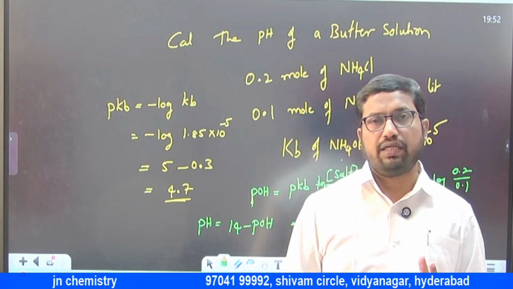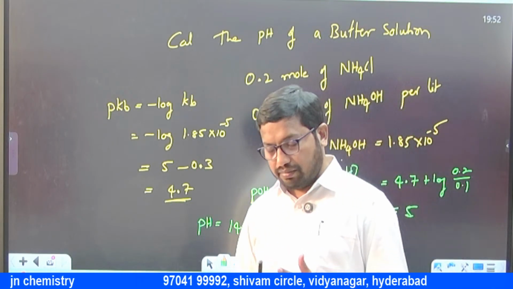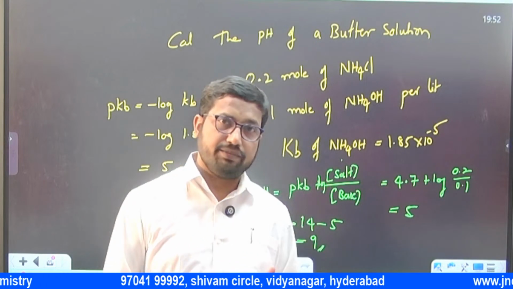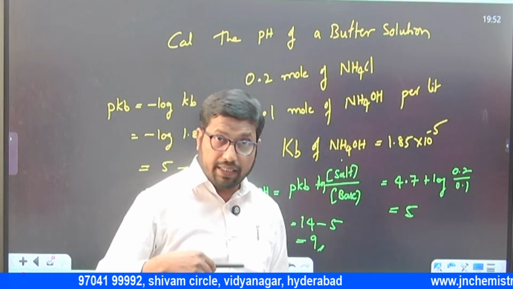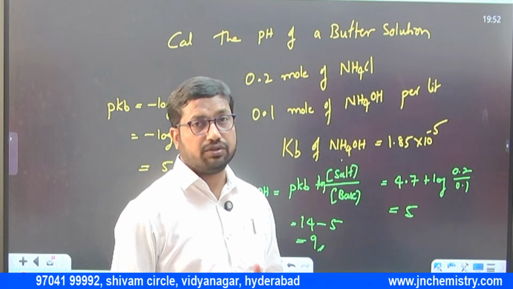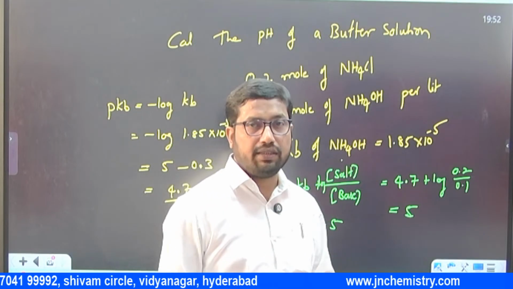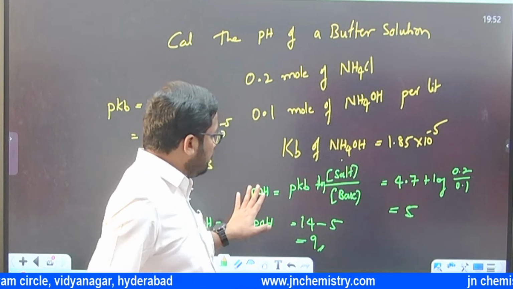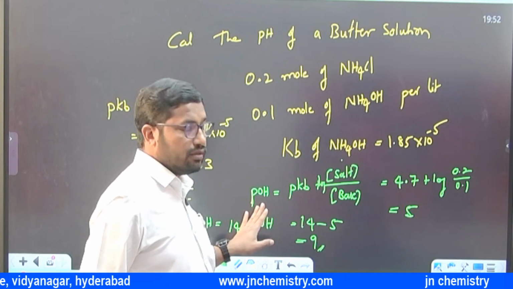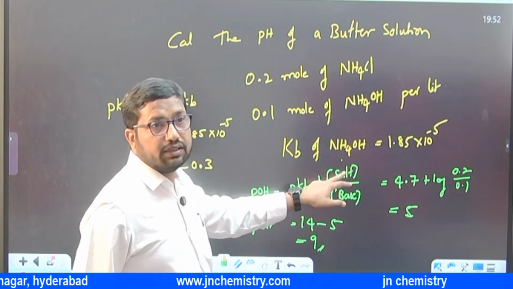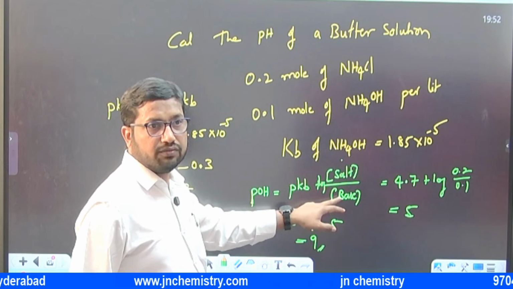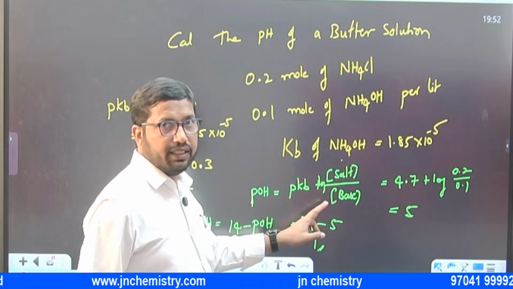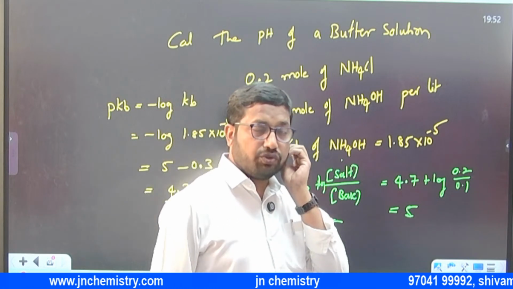In NEET, one type of questions they'll ask. In mains, one type of question. In exit, one type of question. In advanced, they'll ask a different type. Concept is same, but they are twisting. Right now I'm asking the pH and pOH, right? Sometimes they ask the concentration of the salt or the base concentration. Like that, I'll give you one more question. Write it down.